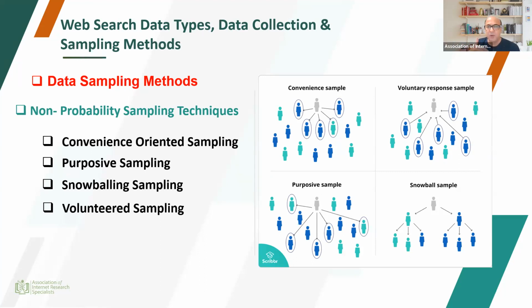So here you are asking these two individuals in green color, who have similar attributes that could perfectly fit into the sample, but you don't know anybody else other than these two people in green.